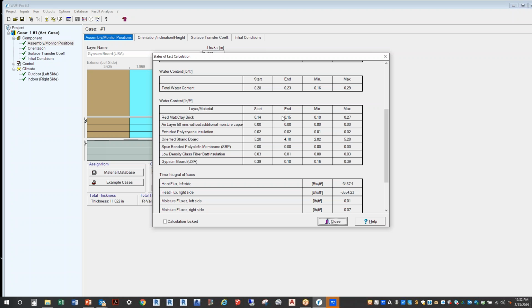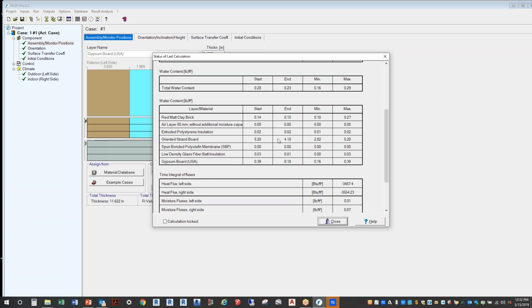So looking at the brick, starting and ending, we don't really much care about the brick as long as it's not getting super high, because the brick dries out pretty fast. Your air layer, great, no problems. Extruded polystyrene, just what you'd expect. It doesn't really absorb any water.